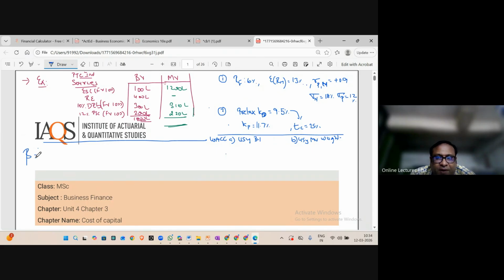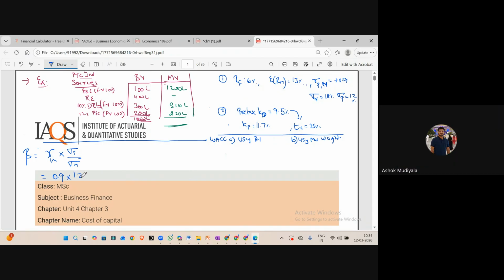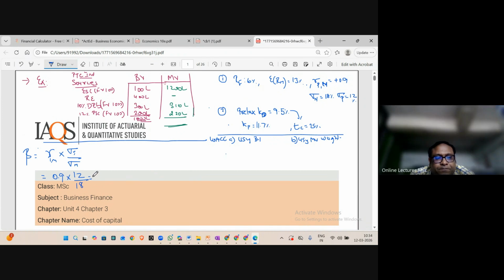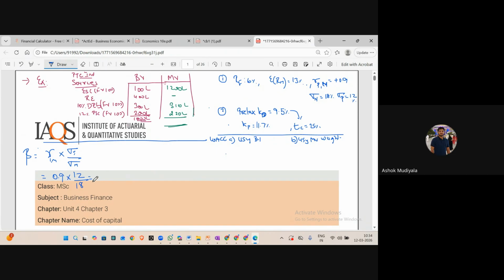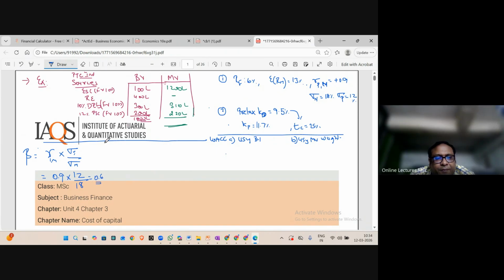Beta will be the correlation into sigma of the security upon sigma of the market. The correlation is 0.9. Sigma of the security is 80, sigma of the market is 18. So this should be 0.6.